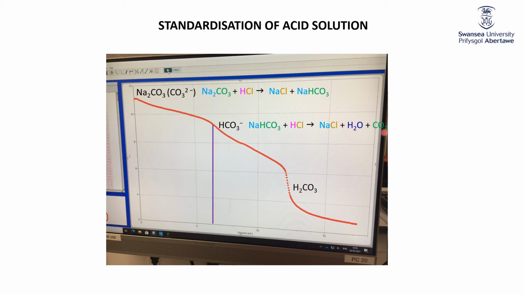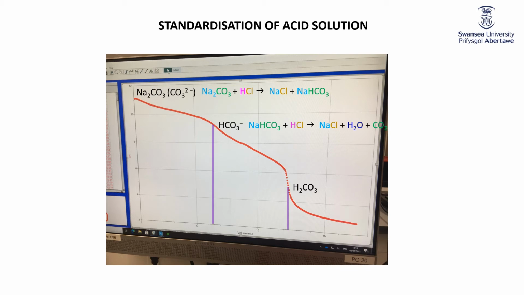That's the water and the CO2. This carbonic acid decomposes to make water and CO2. You can see now that I've got this very sharp decrease as I go from a solution that's got a little bit of base in it to a solution which is just acid, and I keep adding acid, and you can see that the pH continues to go down.